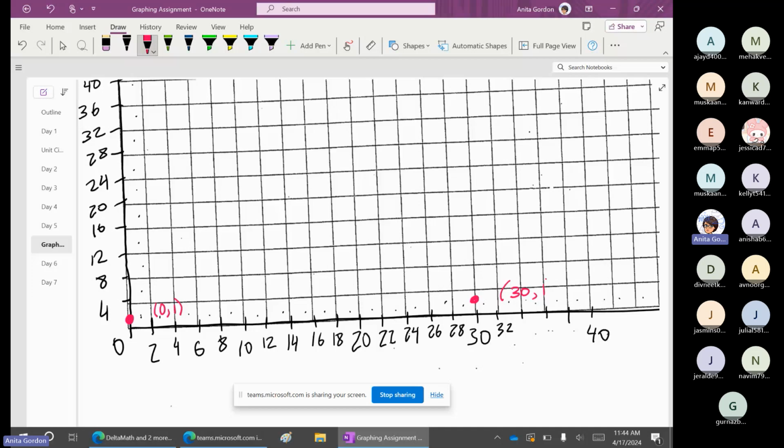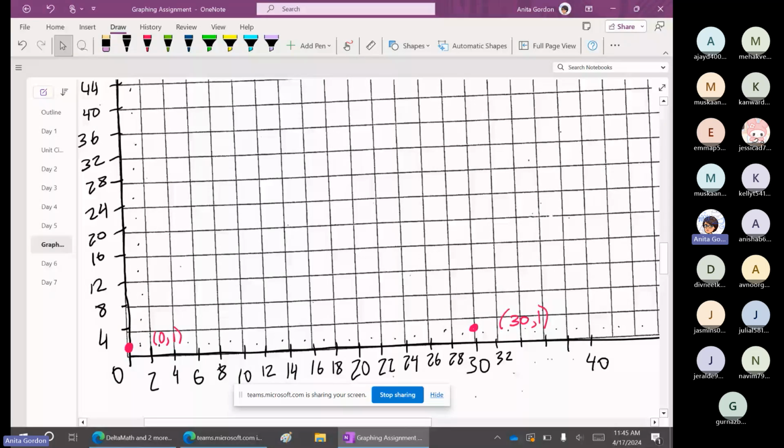Where am I at the top of the Ferris wheel? Where is the top? Or when is the top? At 15 seconds, right? Halfway between the bottom and the bottom is the top. So at 15 seconds, how high off the ground am I?